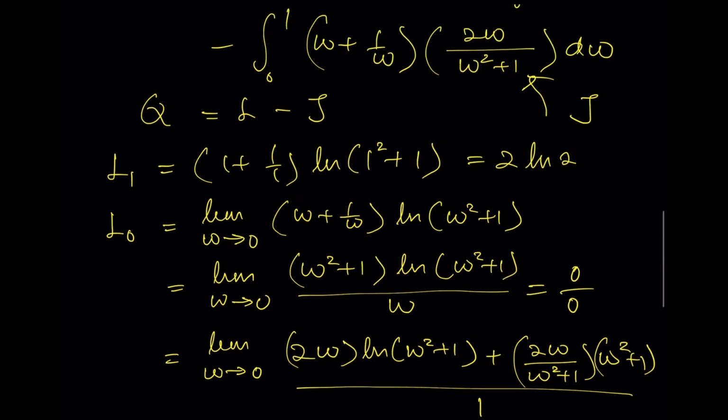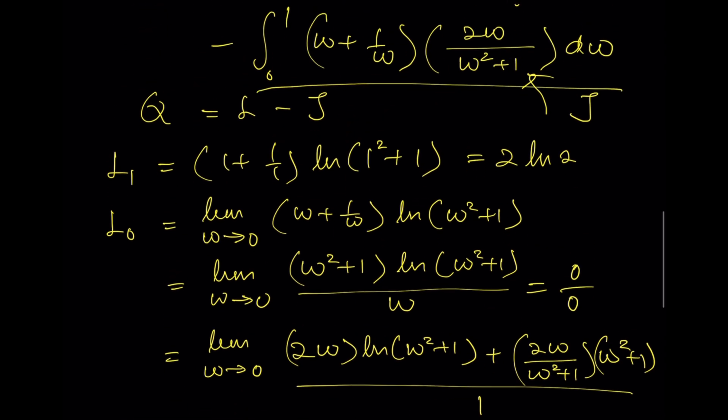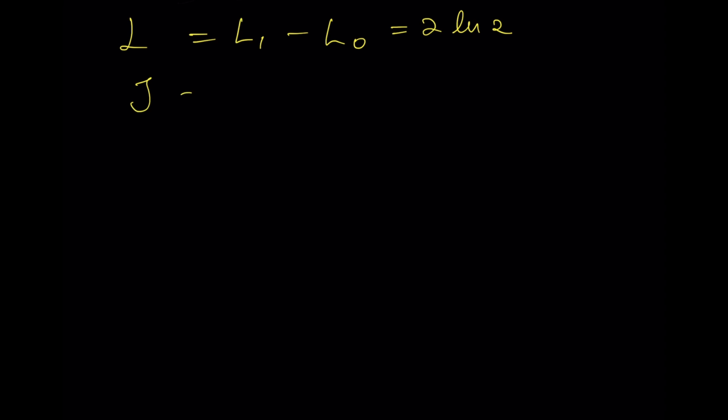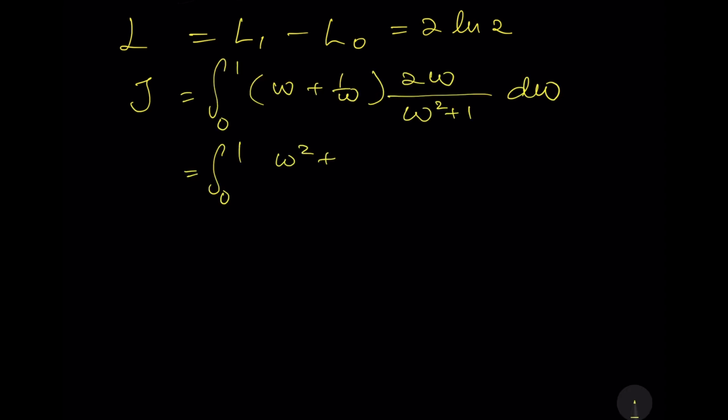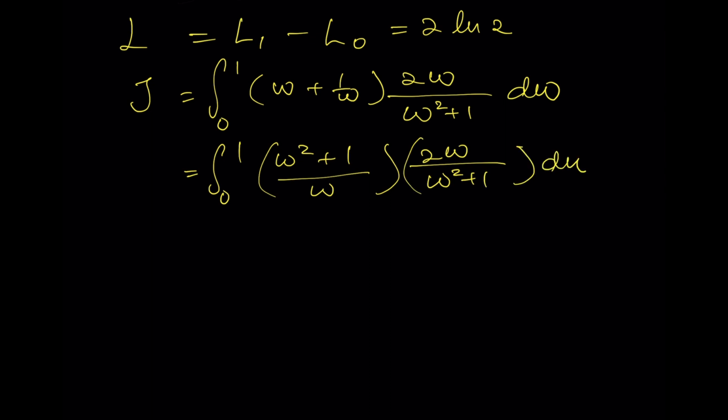The second part of Q is J. Focus on J now. This is the J. If we rewrite W plus 1 over W as W squared plus 1 divided by W, it will cancel with the second part of the integrand, which means J is simply equal to integral 0 to 1 of 2 dW, which is equal to 2.